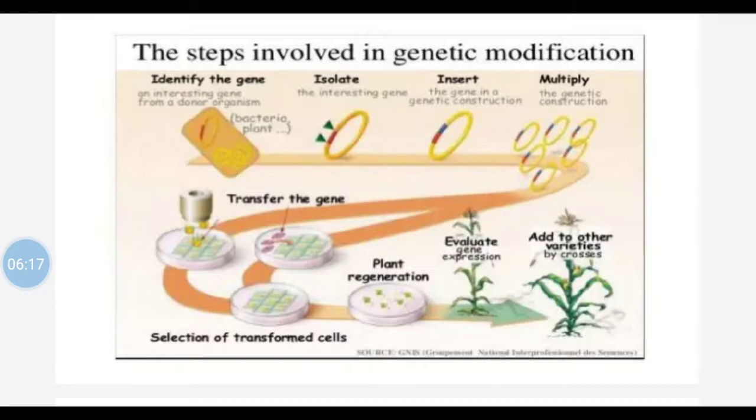Now the genes are transferred, as we can see, and the plant regeneration is done, and then we can see how the growth of a plant is taking place due to the result of that particular gene which is inserted into the plant.